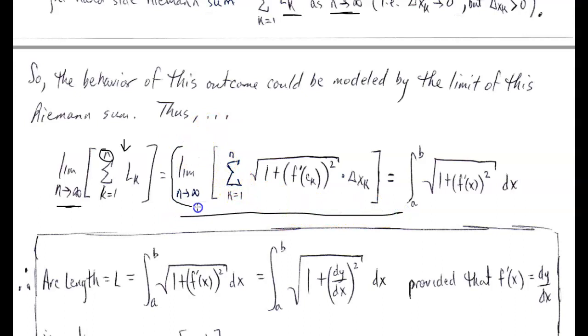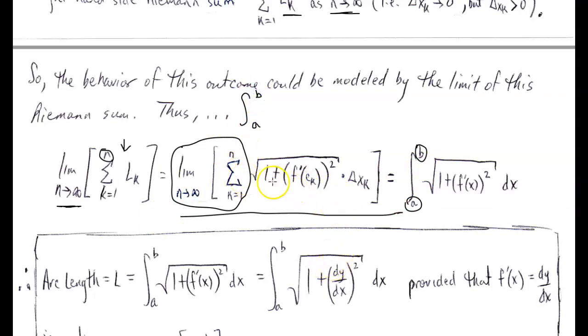Now note that by definition, the limit as n approaches infinity combined with the summation is essentially what our integral sign is. It's a combination of those two things. Since we're looking at the length of our function from x equals a to x equals b, we make it a definite integral.